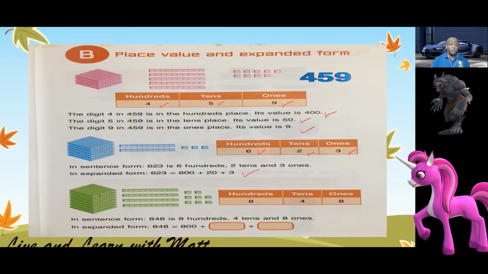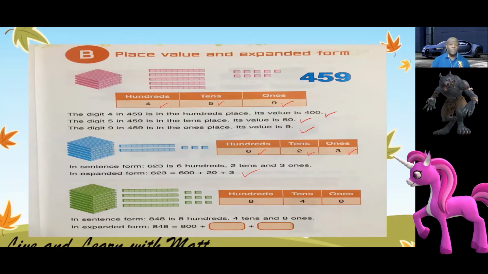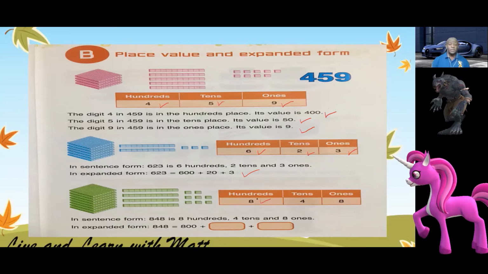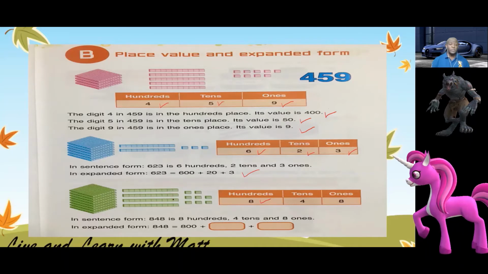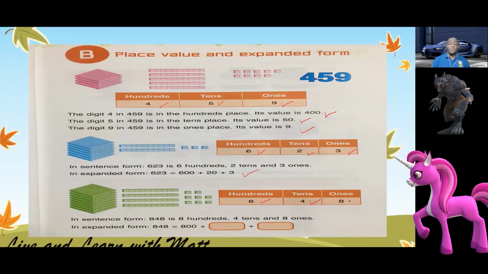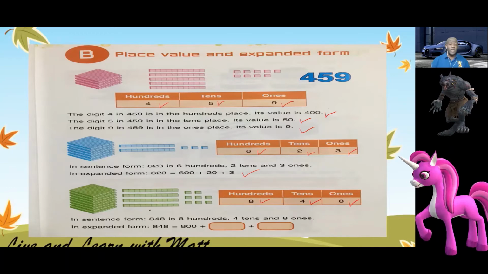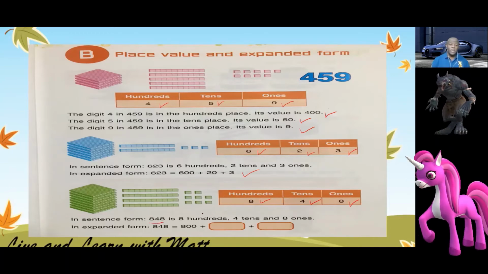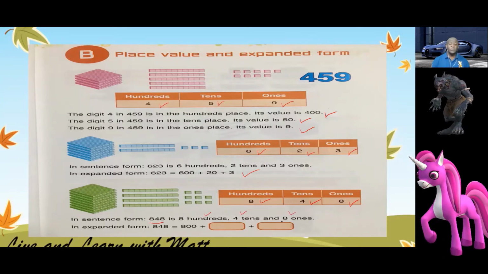We have 1, 2, 3, 4, 5, 6, 7, 8. 8 hundreds. So we write it as 8. Now let's count the tens. We have 1, 2, 3, 4. We have 4 tens and 8 ones. In sentence form, we write it as 848, which has 8 hundreds, 4 tens, and 8 ones.